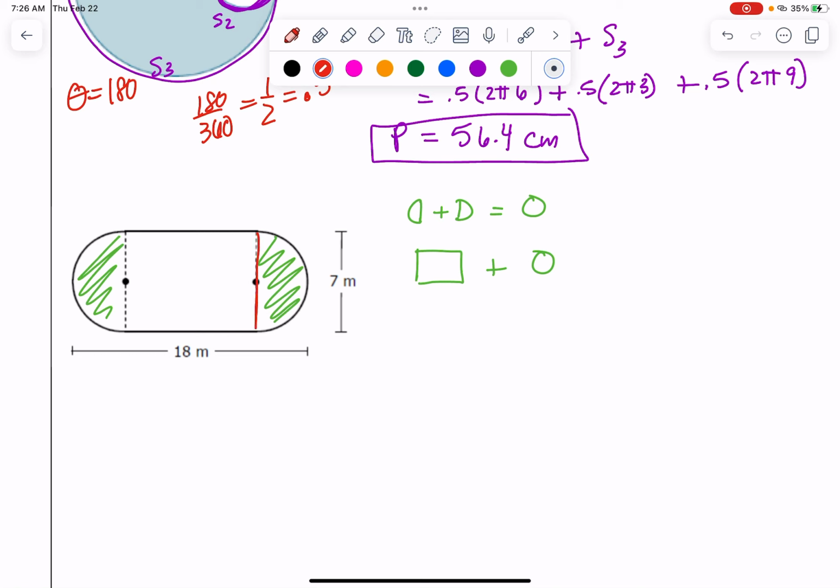If this is 7, then this piece is 3.5. And if it's 3.5 from the center to the circle here, then this is 3.5. And the same thing goes over here. So this piece is 18 minus 3.5 minus 3.5, which equals 11.